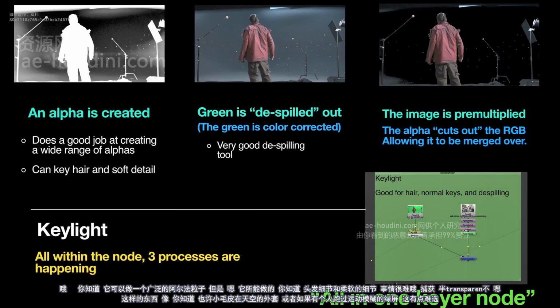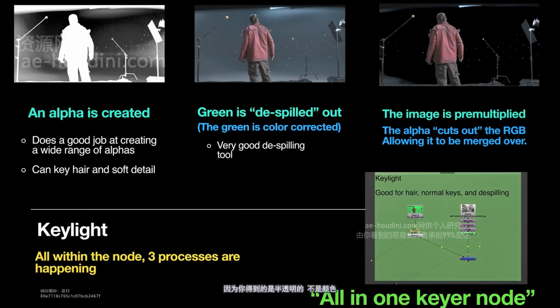It can do a wide range of alphas, like hair detail and soft detail, things that are hard to capture, kind of semi-transparent stuff, like maybe the little fur on this guy's coat, or if there's somebody running across the green screen with motion blur, that's a bit more difficult to key because you get semi-transparent colors. So Keylight's pretty good at it.